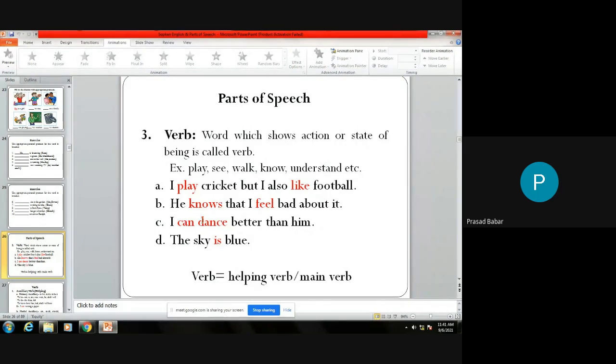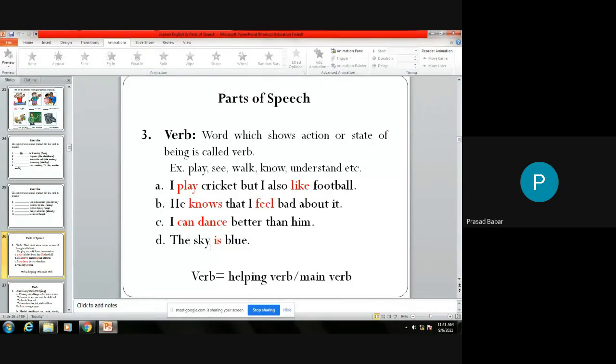But there is some difference between can and dance. Though these two are verbs, they also have subtypes. There are two types of verbs. We'll discuss it later, but this is about can dance being verbs.